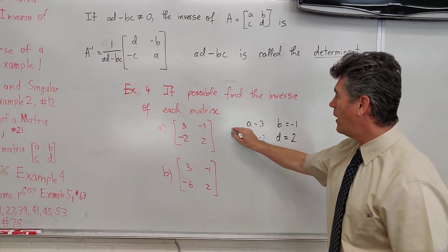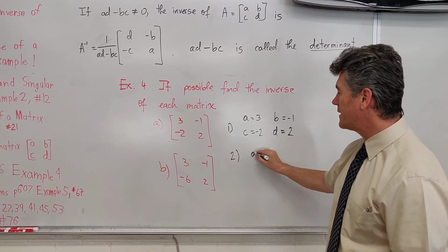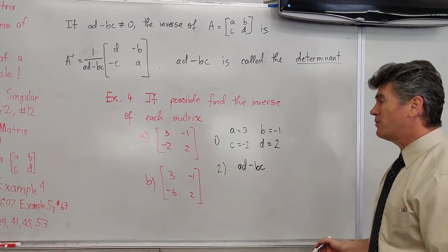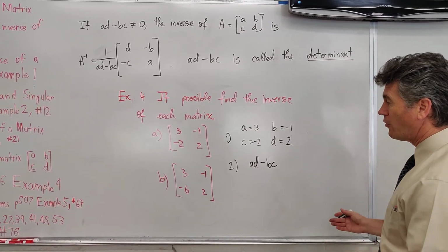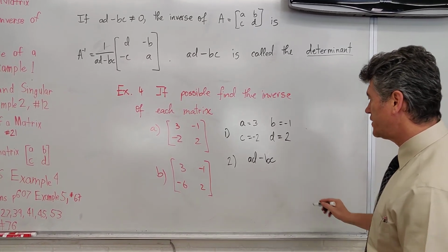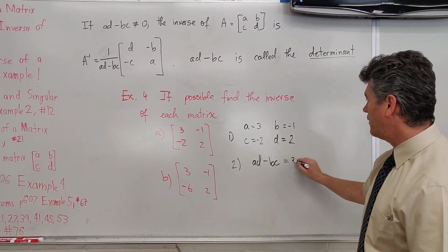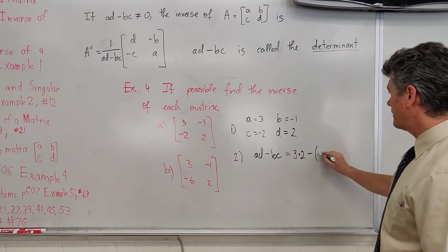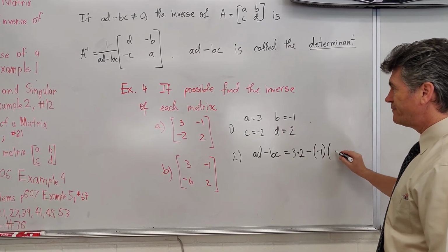So step 1. Step 2 is find the determinant. Why? Well, depending on whether your determinant is equal to 0 or not, you might have to do more work or less work. So your second step should always be to find the determinant. So AD minus BC, we have 3 times 2 minus -1 times -2.